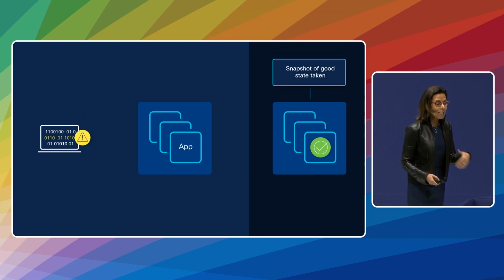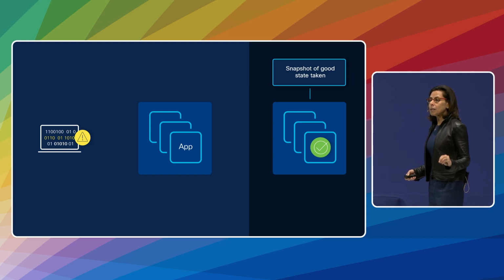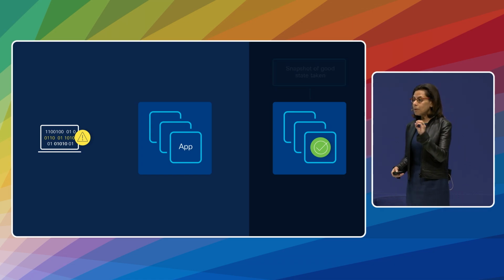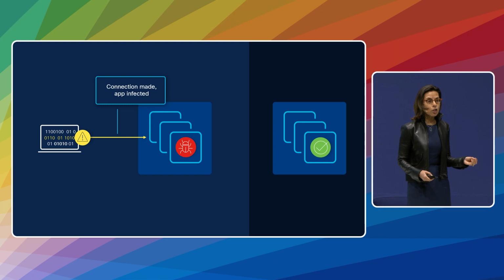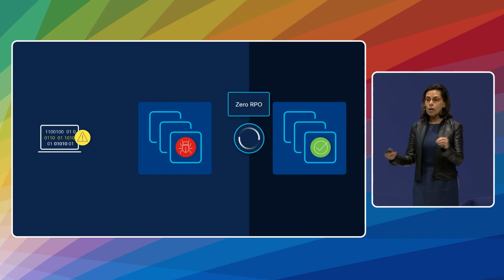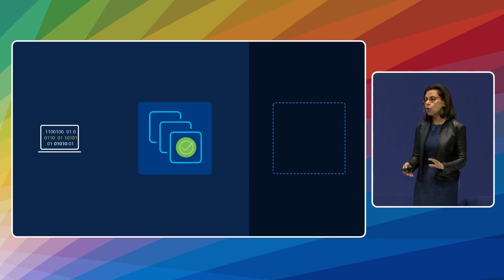So we're not continuously snapshotting everything. We take a just-in-time snapshot and we store it. If this is benign, we simply throw away that snapshot. But if it's malicious behavior and your application actually comes under attack, we are able to use the snapshot and recover almost instantaneously and ensure the continuity of your business.